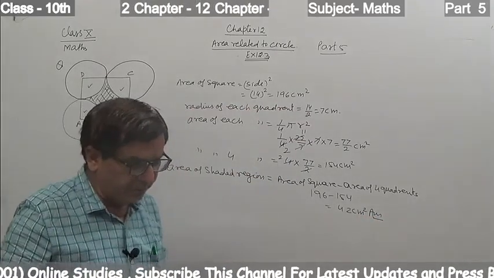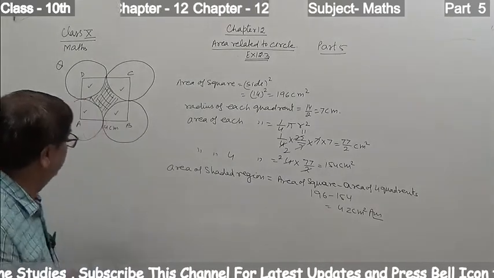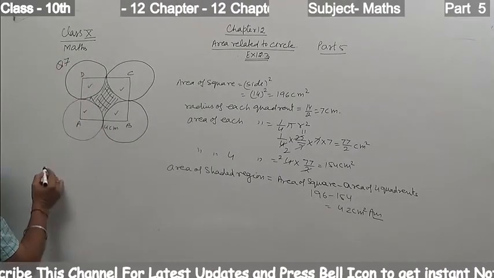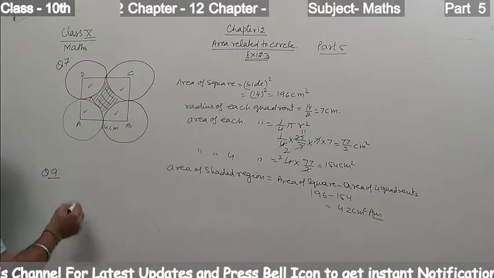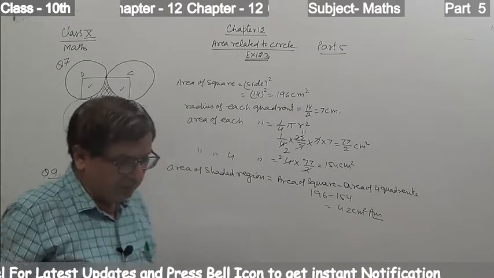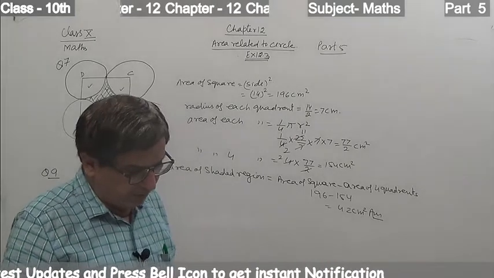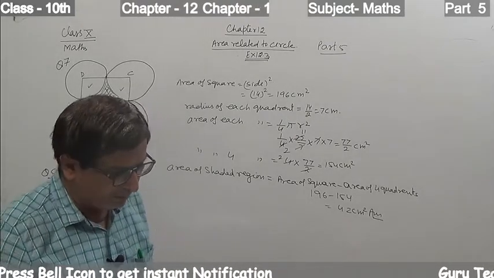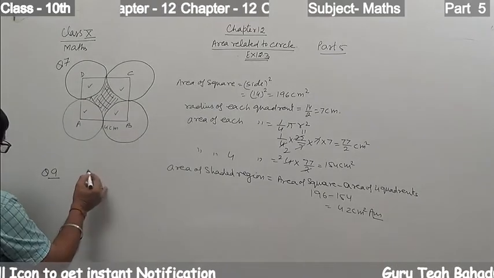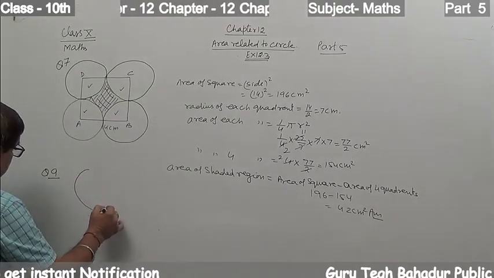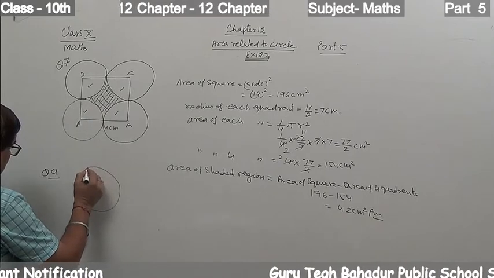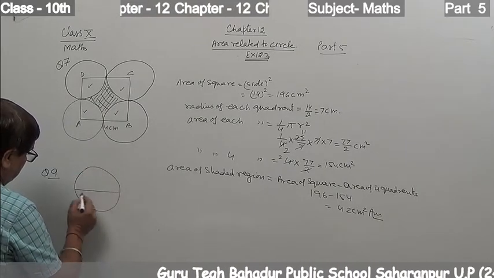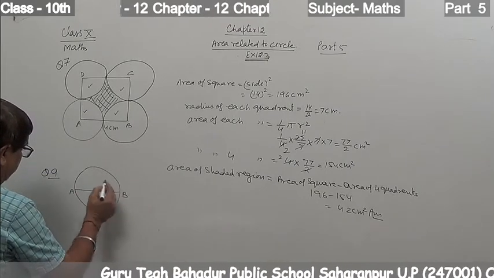Now see question number 9. This was question number 7, now question number 9. In figure 12.27, AB and CD are the 2 diameters of the circle. This is the circle. This is AB and this is CD.